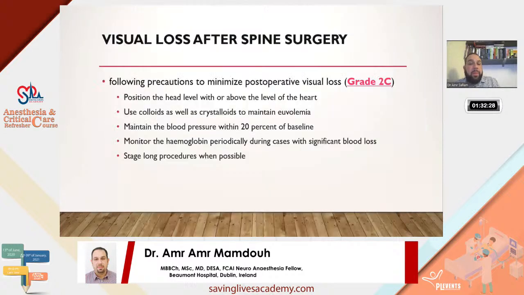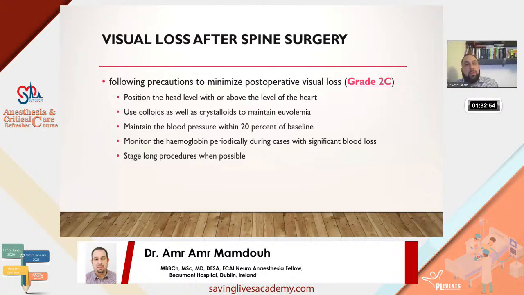So coming back to their recommendations, they ask for precautions to be taken. They have very low-grade evidence support, but still, what they ask is simple things like head position at or above the level of the heart, use of colloids as well as crystalloids to maintain volemia, and maintain blood pressure within 20% of baseline.